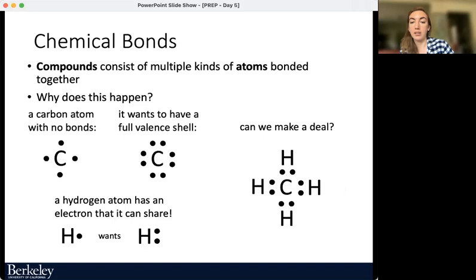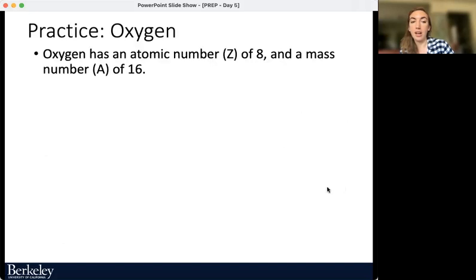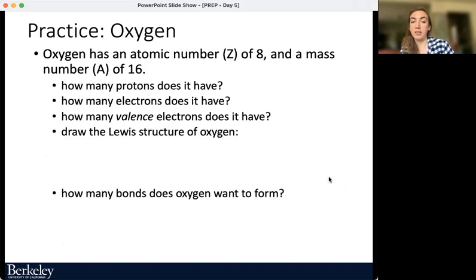Okay. So as an example, we're going to practice with oxygen. Oxygen has an atomic number of 8 and a mass number of 16. So the steps that we're going to follow: how many protons does oxygen have?